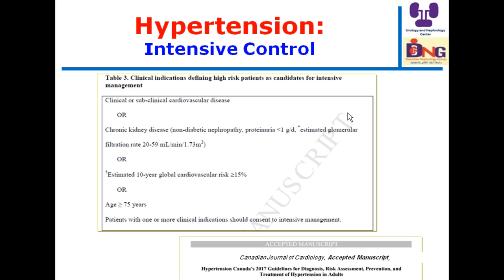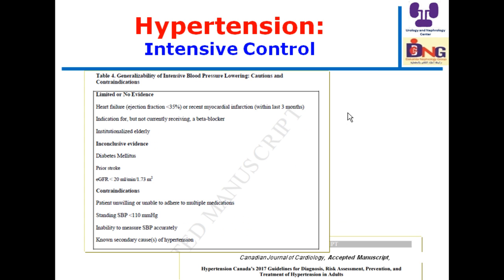Patients with one or more clinical indications should consent to intensive management, and for myself, I should monitor this patient carefully. If I cannot monitor this patient carefully, it's better not to adopt intensive control of hypertension.